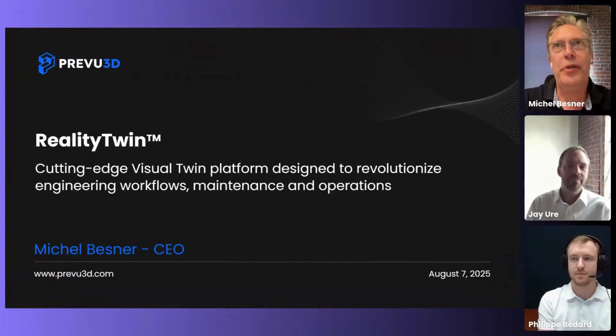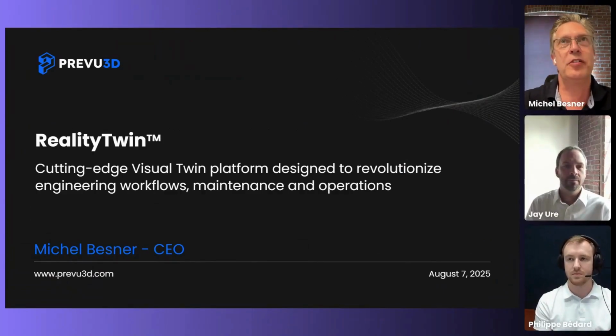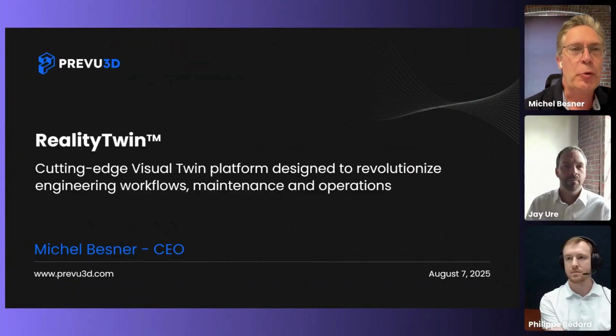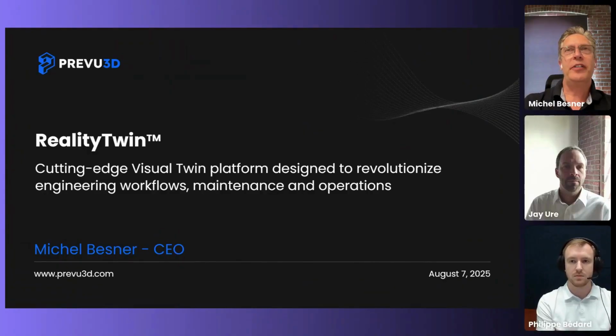Okay. So what we're going to talk about today is a new component to our product line, and we'll explain visually where that fits with the rest of our product ecosystem. RealityTwin is really this next level of a visual twin platform that we've been developing for the past couple of years. It's designed to visualize how engineering workflows, maintenance, and operations are going to be working. It's been an interesting journey for us because we embarked initially as a company from a design engineering process.